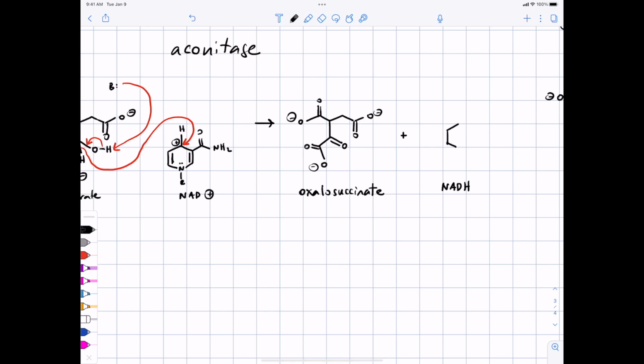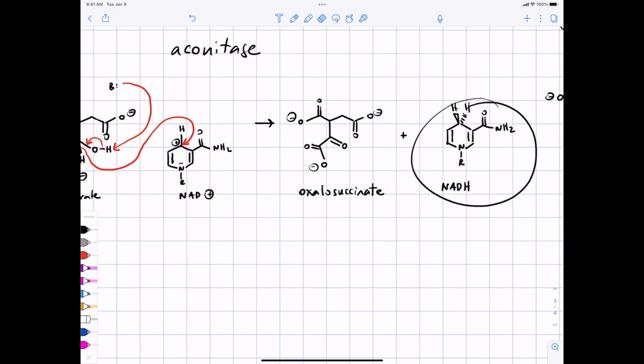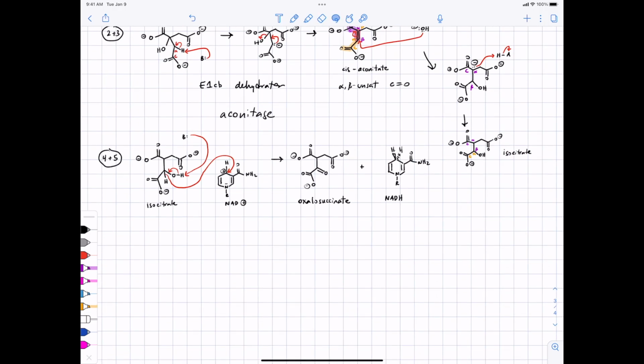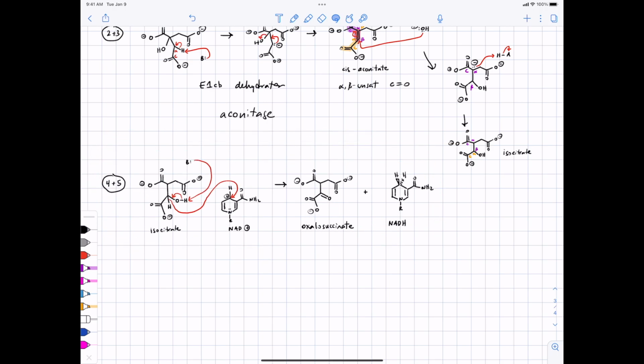I'll draw for you the structure of NADH. And we'll remind ourselves that this is payoff. We can take that to the electron transport chain and generate ATP. All right.